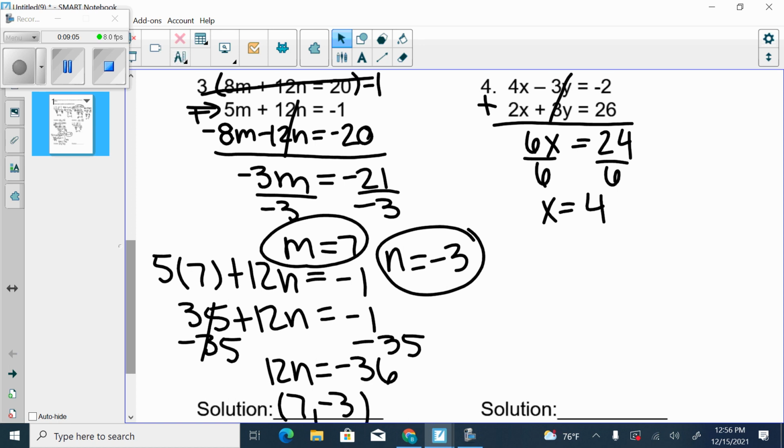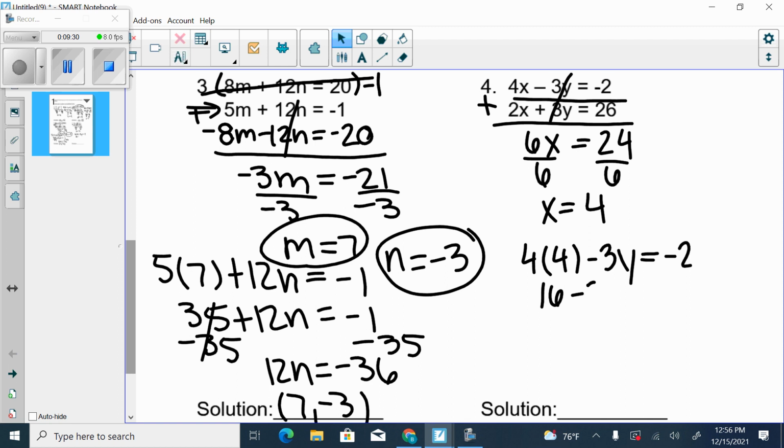All right, and now that I know that x is 4, I can pick. Do you guys want to plug into the top or bottom? Top. Okay, so we'll have this equation. 4 times, what do I replace x with? 4 minus 3y equals negative 2. What should we do first? So what do we get when we multiply 4 and 4?